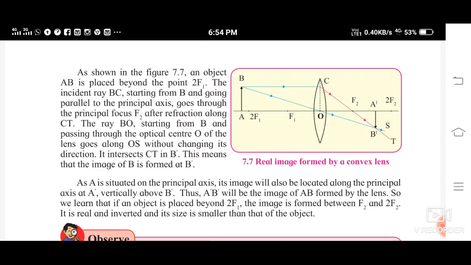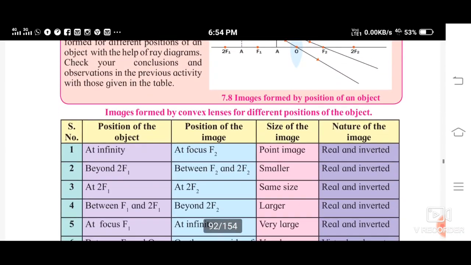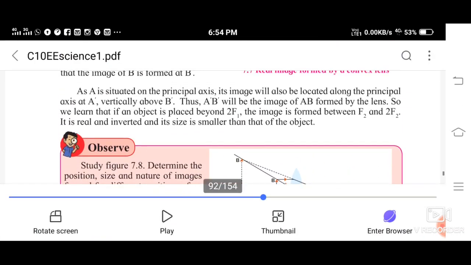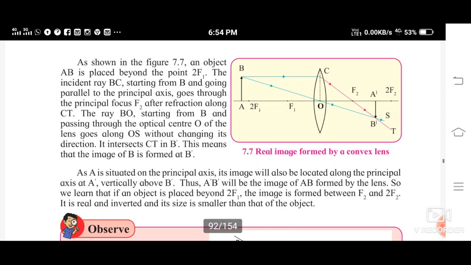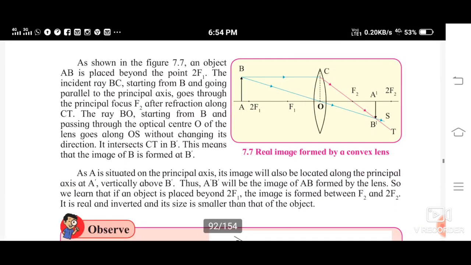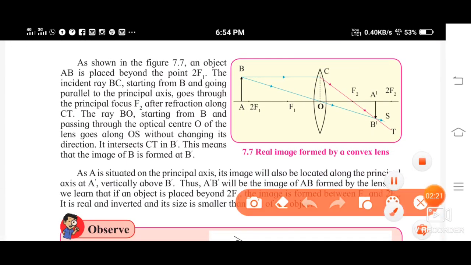Now when the object is kept between 2f1 and f1: when you kept it at 2f1, the image had been formed at 2f2, isn't it?